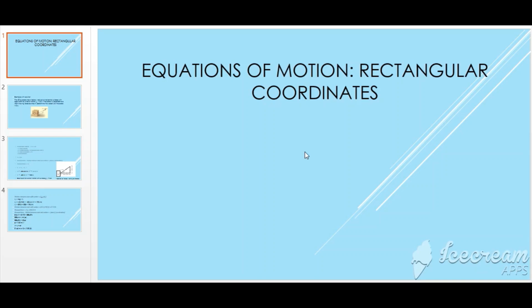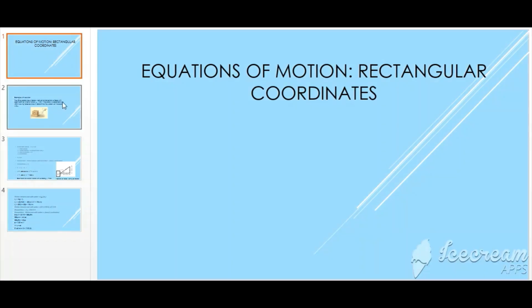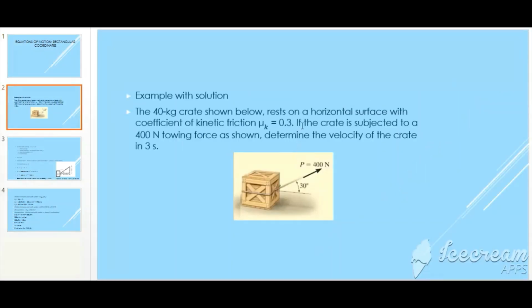Today's topic is equations of motion and its subtopic is rectangular coordinates. So the question is: the 40 kilogram crate shown below rests on a horizontal surface with coefficient of kinetic friction 0.3.